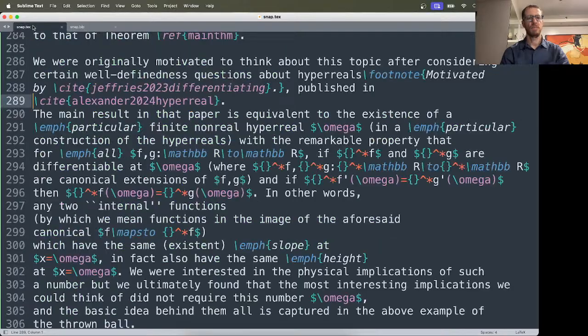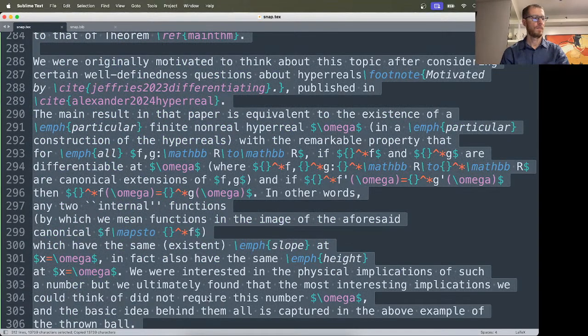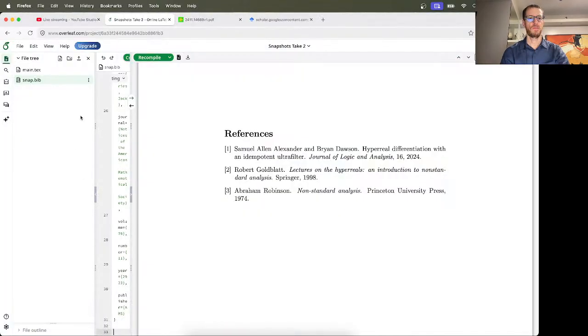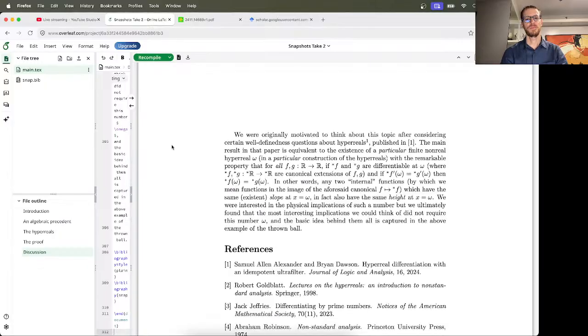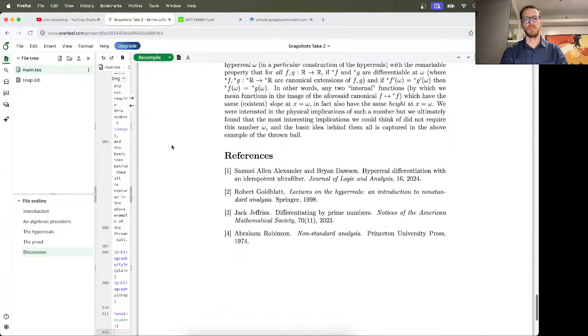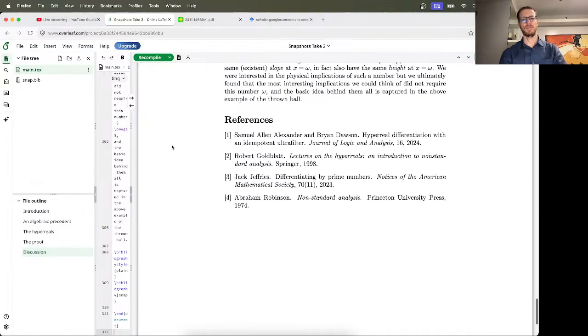Let's compile. Great, now our references contain 4 items.